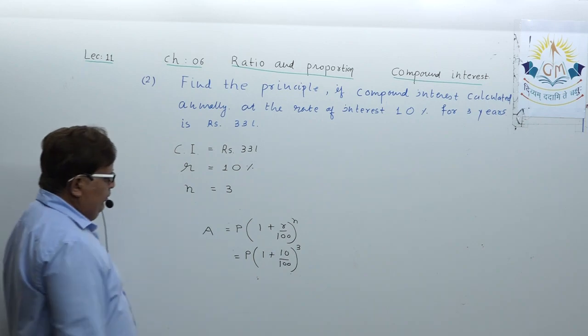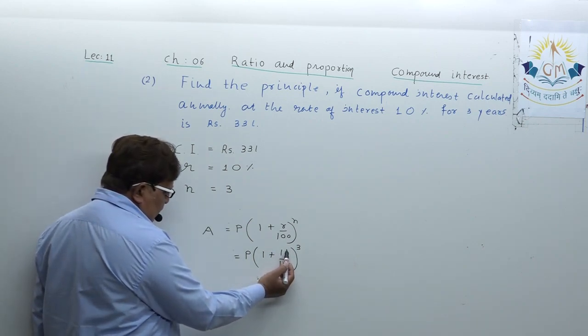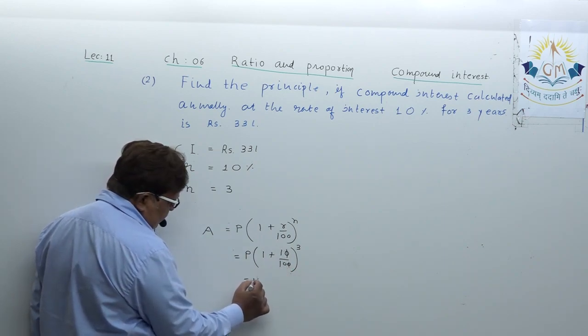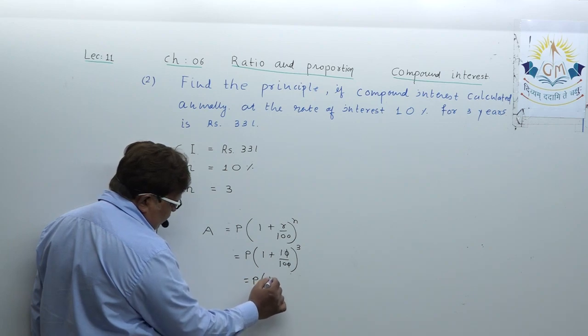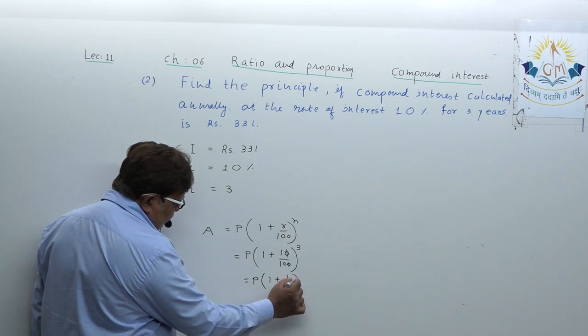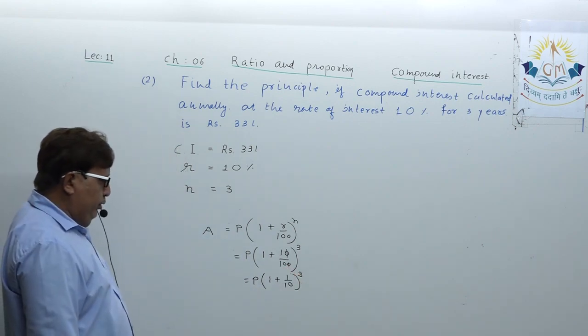Okay, dear student, the 0 cancelled. What is left here? P into bracket 1 plus 1 upon 10 raised to 3.